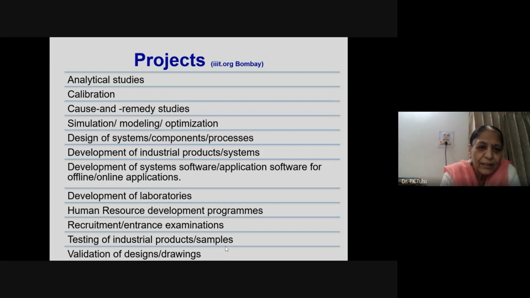So IIT, I just took this, that all these problems, SDGs, plans, now they have identified some of the projects to be undertaken and they have set up a separate cell.